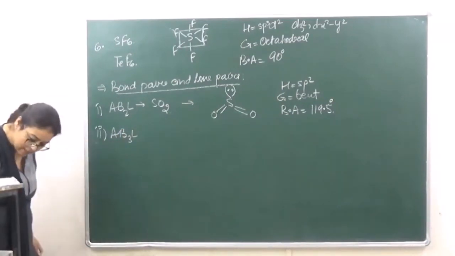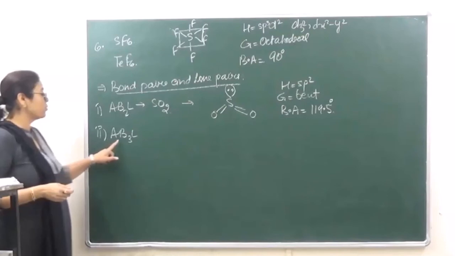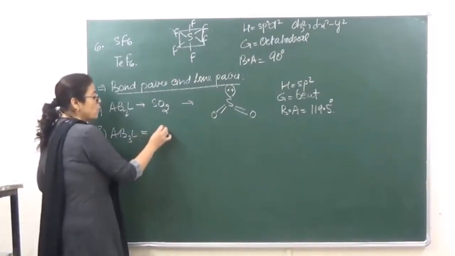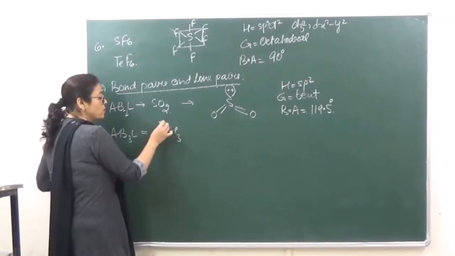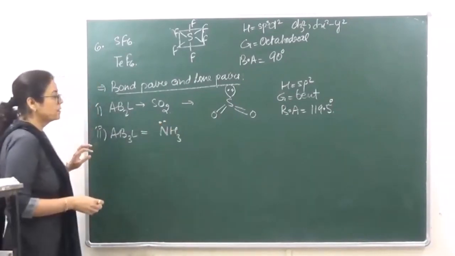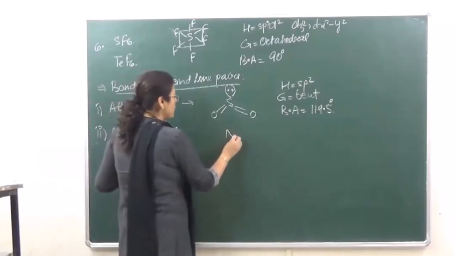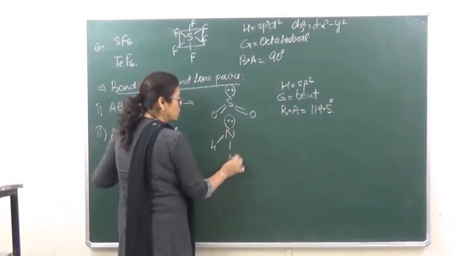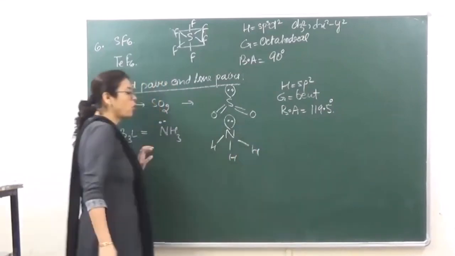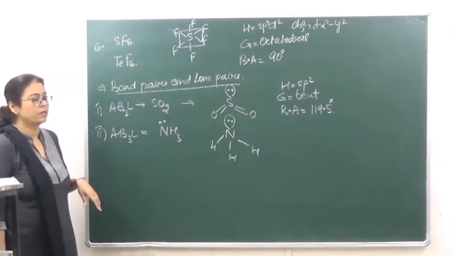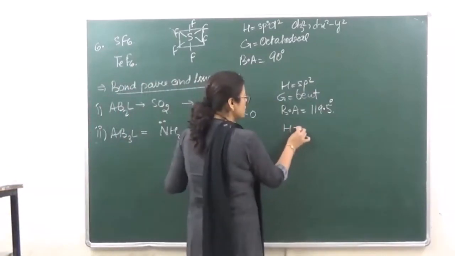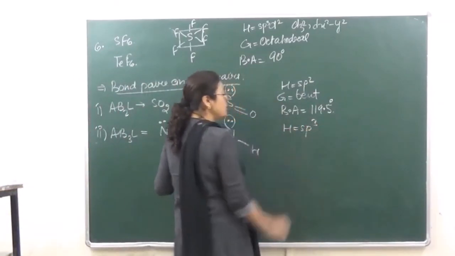Then the next type we have is AB3L. In AB3L there are going to be 3 bond pairs and 1 lone pair. Example which we can take over here is that of ammonia. When we are looking at the shape of ammonia, this is how we will draw the molecule of ammonia. Now over here the hybridization of ammonia is sp3.